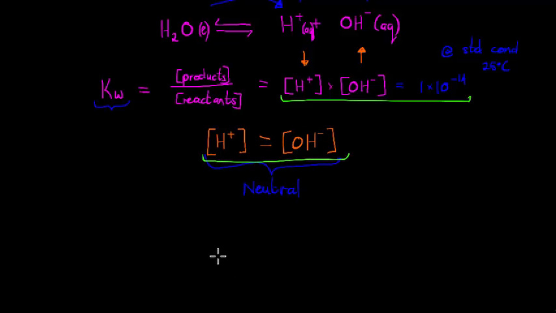So if we know that the concentration of hydrogen times hydroxide is equal to 10 to the power of negative 14. Forgive me for leaving out the 1, but you can see why. Why am I refusing to write hydroxide? Because I want to replace hydroxide with hydrogen.